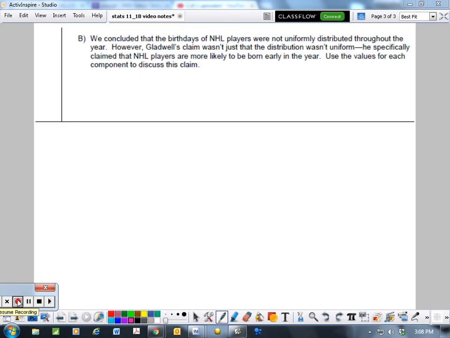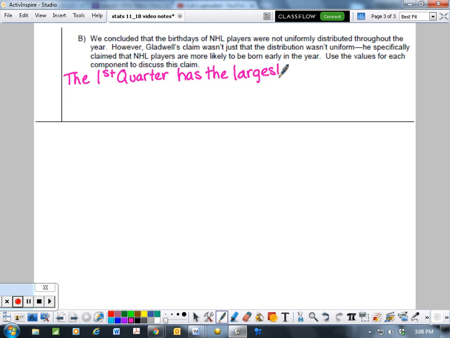And so now we say the first quarter has the largest component. So we're saying that it has the largest component, so it makes the biggest difference from what we expect, and it's in the direction of being higher, by having a higher value than expected.